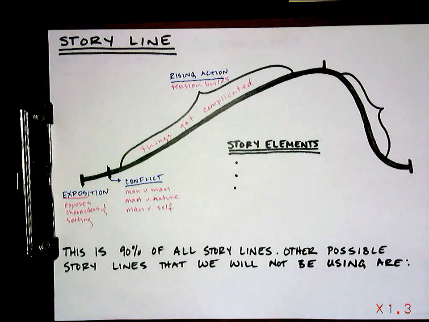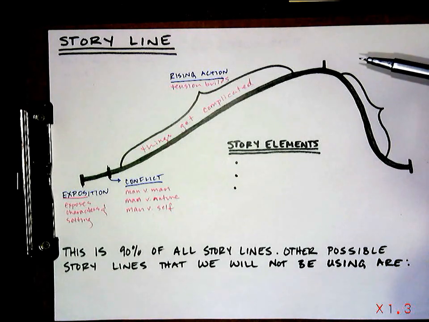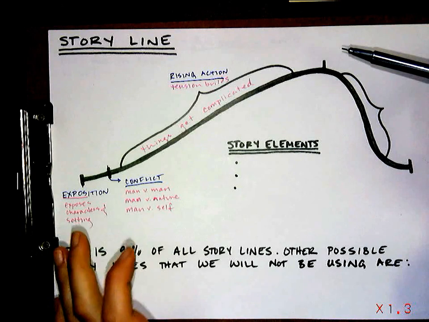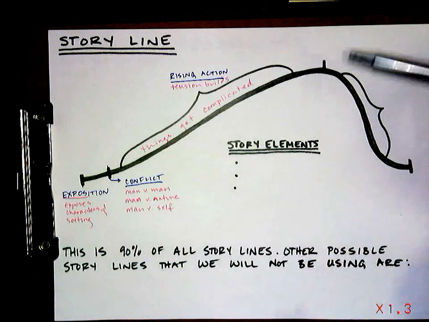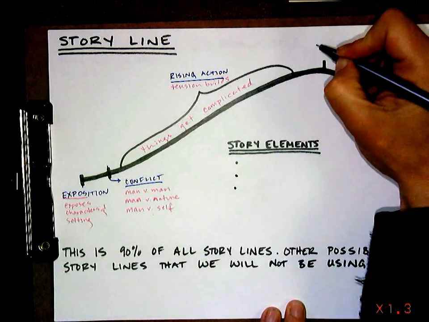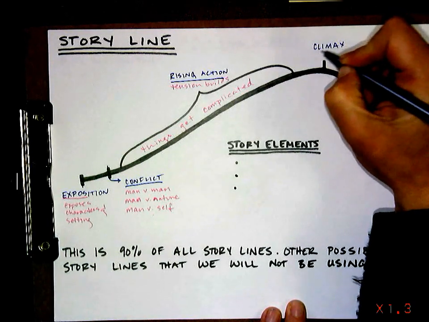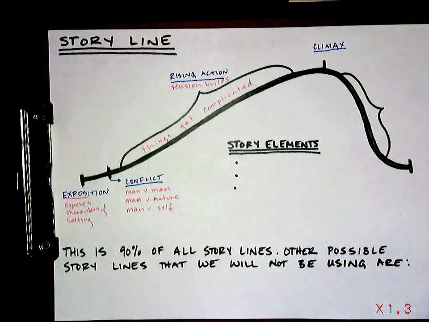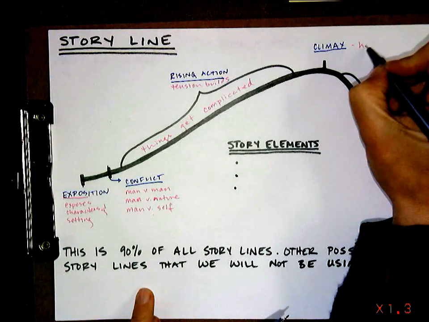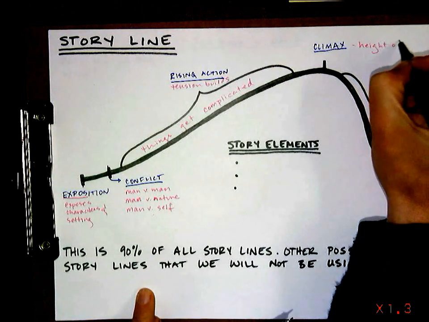It appears to be the middle, just because it's the middle of the action or the height of the action, but usually about 3/4 of the way through the book, you're going to come across what you call the climax. It's the height of the action.